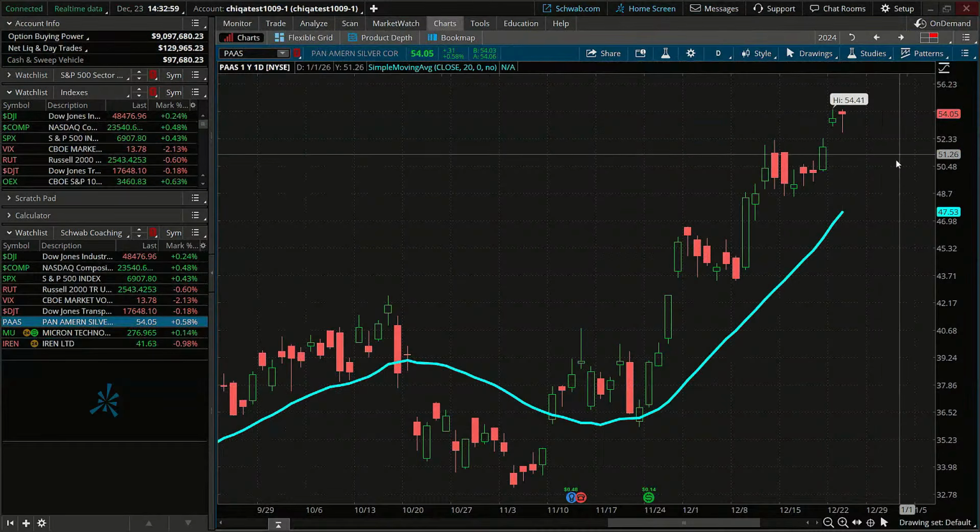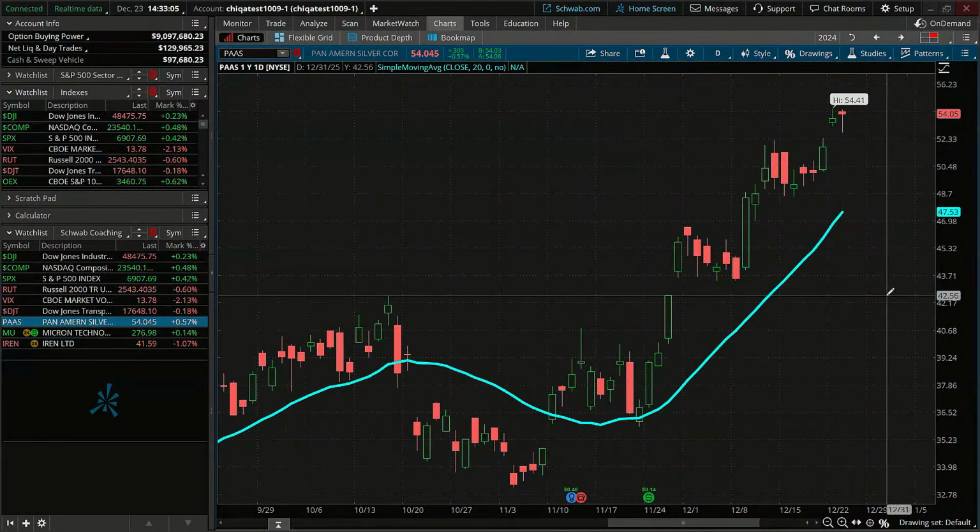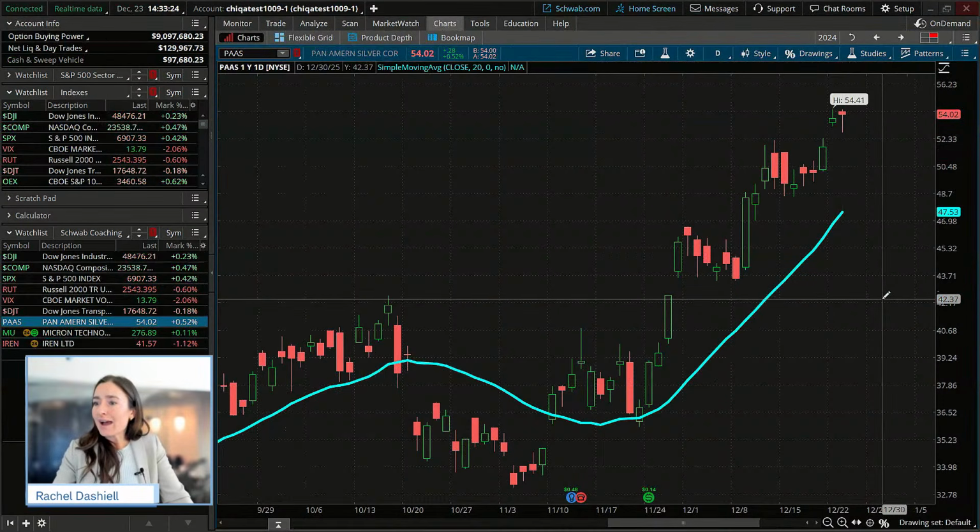So if we're going to look at support areas to the downside, we're going to activate our Fibonacci retracement level, and we're going to take it from a low to a high, because that's really going to show us possible levels where we could see stops being placed. We could possibly see new market participants enter the trade and buy a dip. So let's take a look at that.